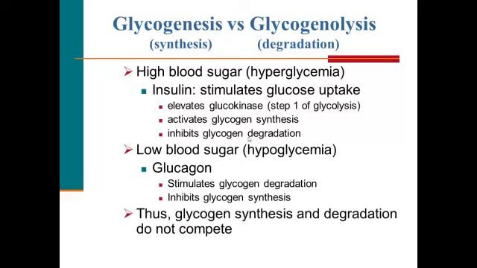So this is a really wonderful example of how our body is being a good steward of the energy molecules that are available. When there's a lot of energy molecules available, then we'll utilize the energy in glycolysis or we store it for later.